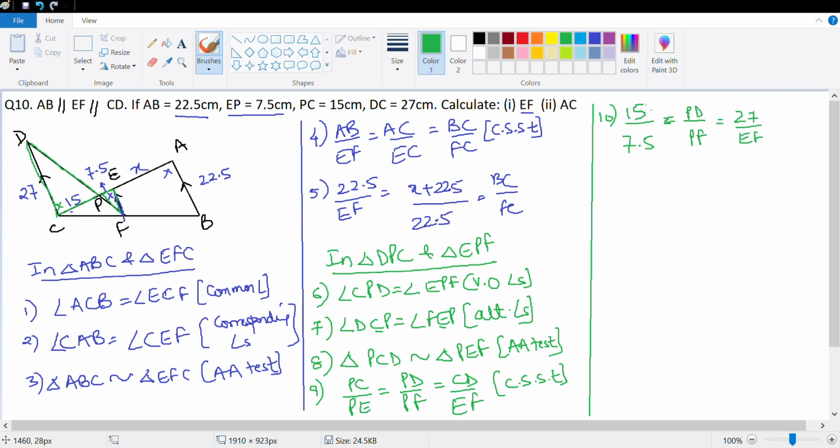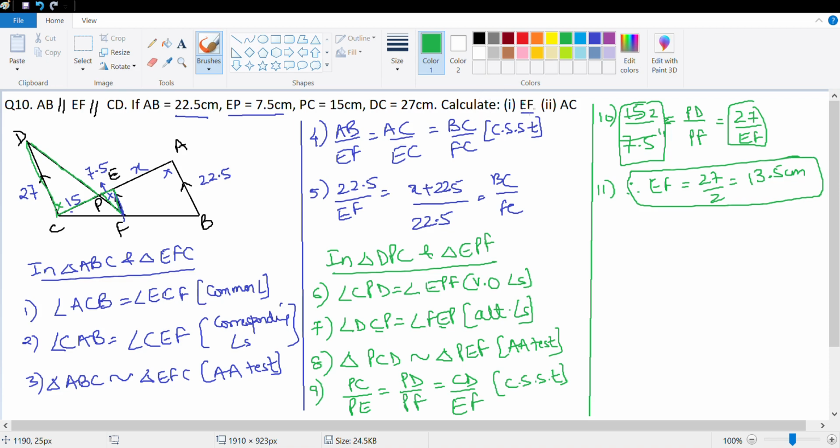So I should be able to get this from these two parts. This is 7.5 into 2, and this is 7.5 into 1. Therefore, EF is equal to 27 upon 2, which is 13.5 centimeter. So the first part of the question done, EF has been calculated.